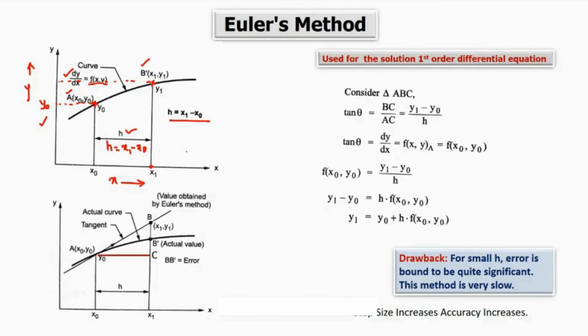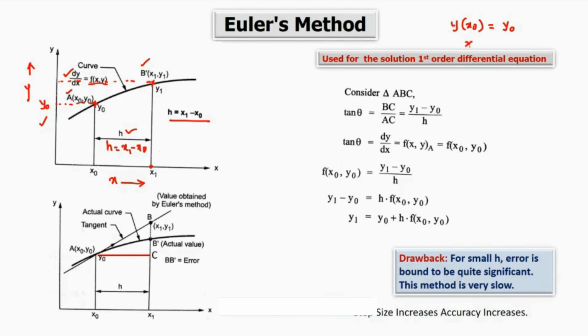Now this Euler's method works on the concept of tangent. We know the initial coordinate because in all problems we get boundary conditions: the value of y at x0 is equal to something, which we call y0.